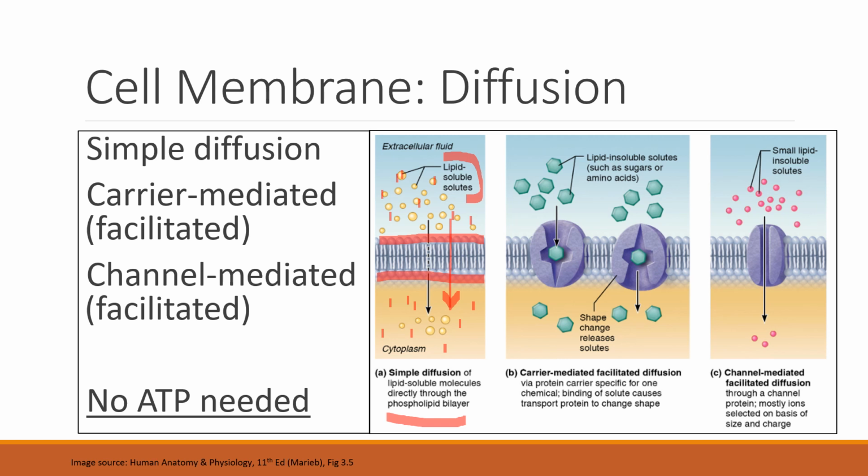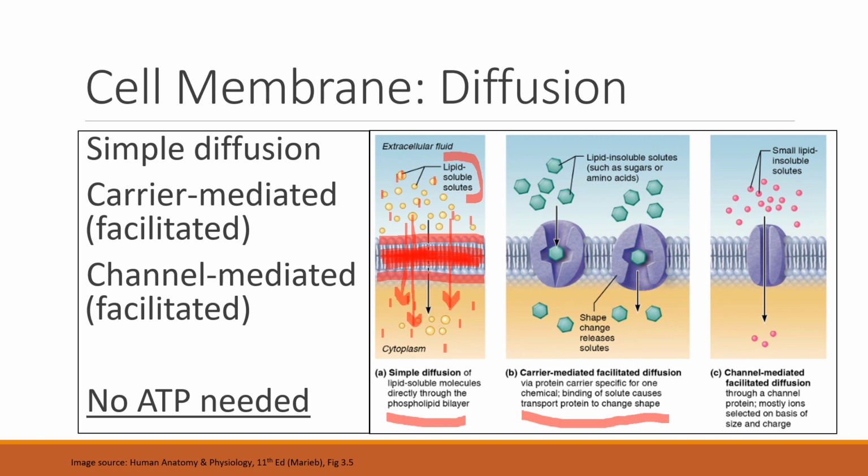The reason why these lipid-soluble molecules can pass through the membrane so easily is because of this phospholipid bilayer, these hydrophobic tails, so lipids and other fats can easily pass through. So that's simple diffusion.